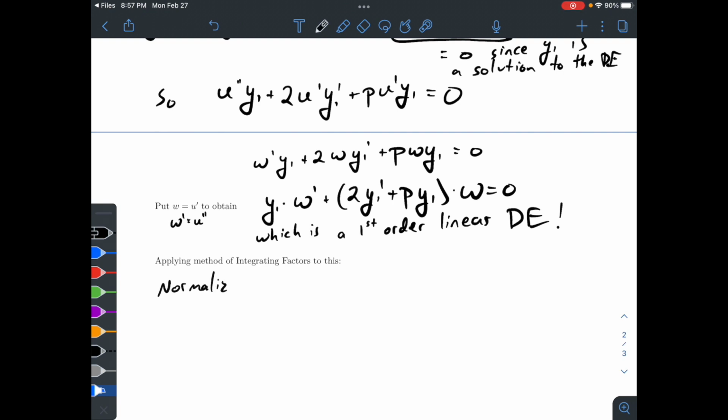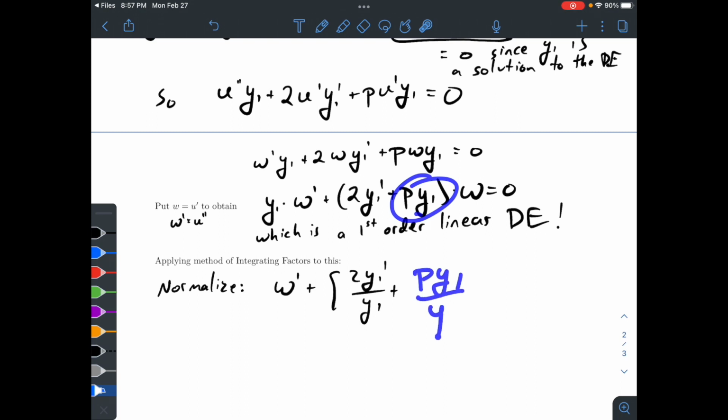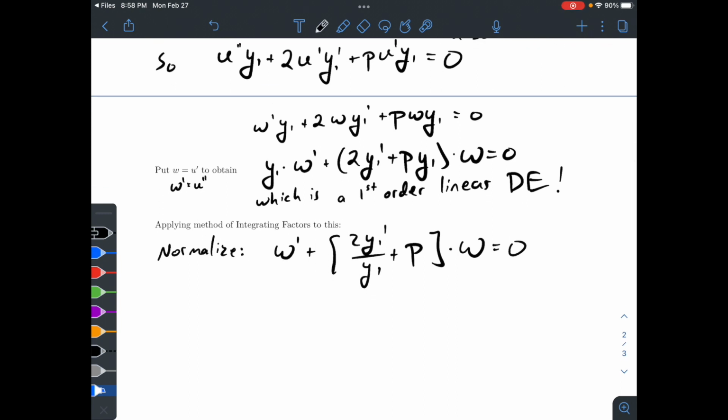We get w prime plus 2 y1 prime over y1 plus, here we'll get p y1 over y1, but the y1s will just cancel and we'll just be left with p. This is all times w and is equal to 0.